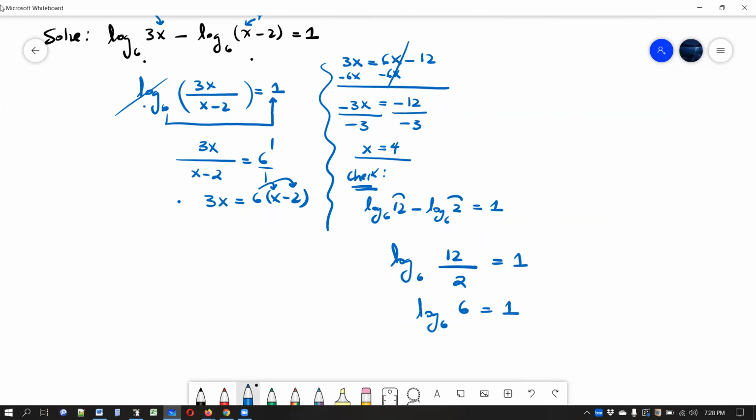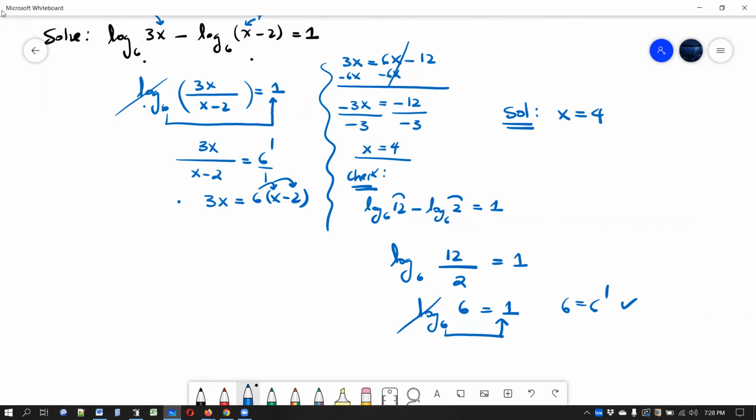Yes, that is correct because this goes to the base, the log drops, and I have 6 equals 6 to the power of 1. And that is correct. Which means your solution is x equals 4.